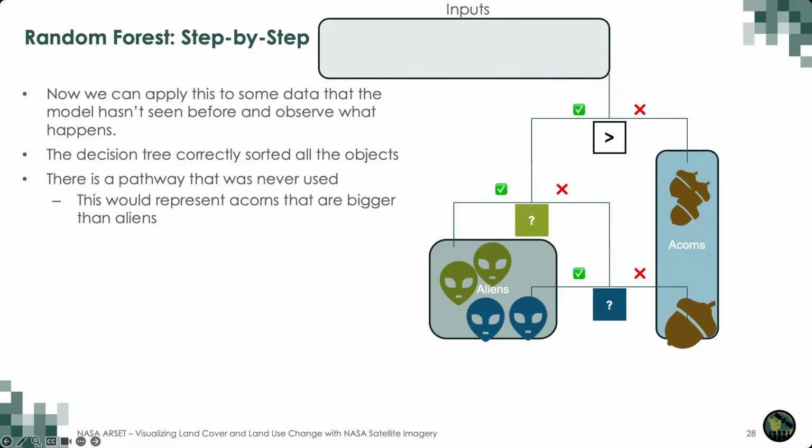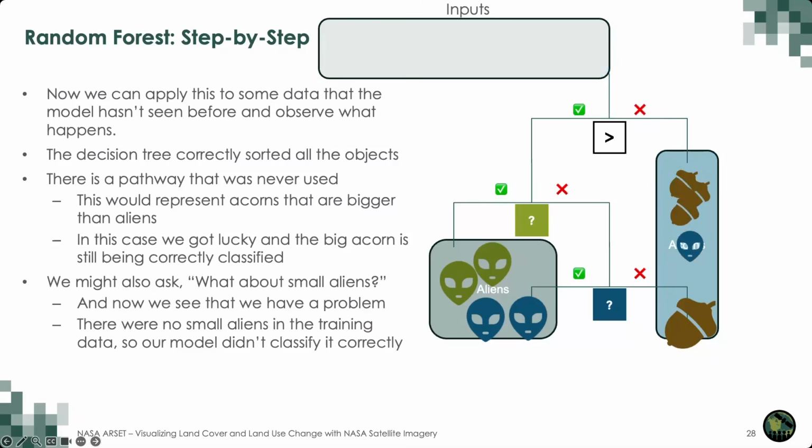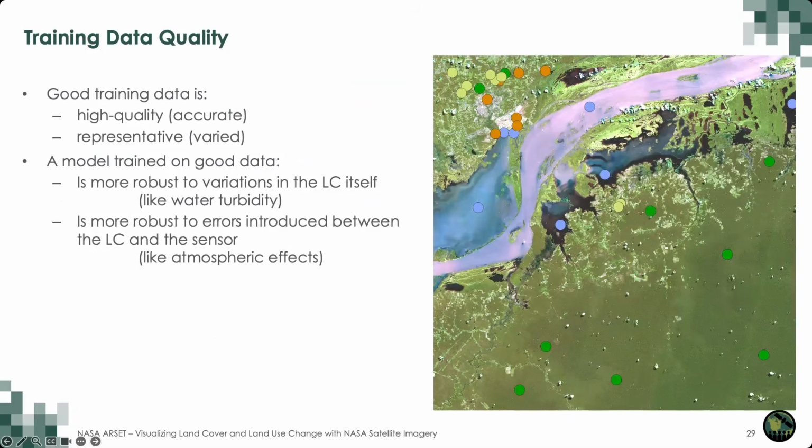In this case, we got lucky, and the big acorn is still being correctly classified. But we might also ask, what about small aliens? And now we see that we have a problem. There were no small aliens in the training data, so our model couldn't classify it correctly.